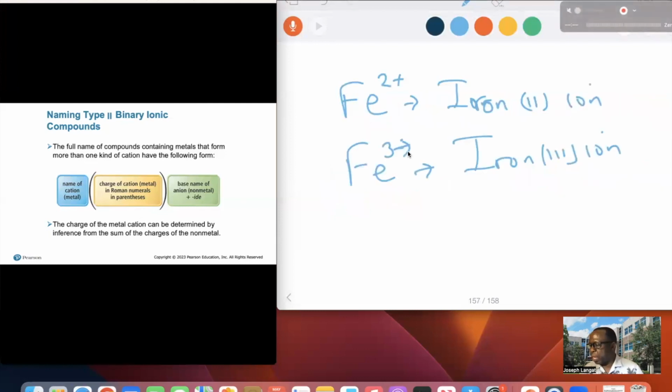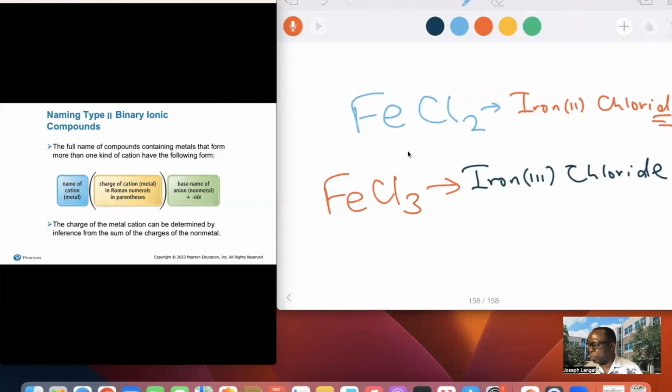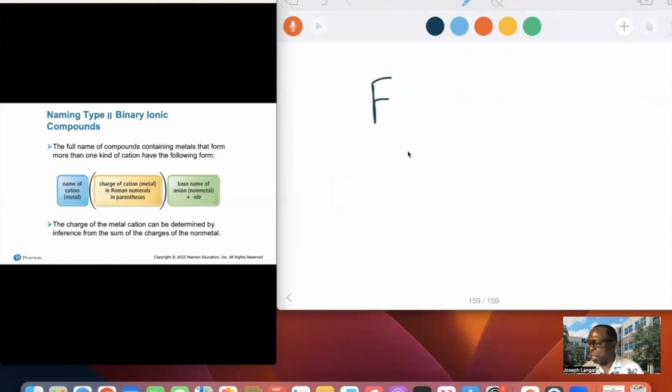What is meant by that is, for FeCl, iron 2 positive, chlorine negative 1, so the crossover rule gives you FeCl2. You can also uncross, taking back the numbers to predict what the charge was so that you can name it.